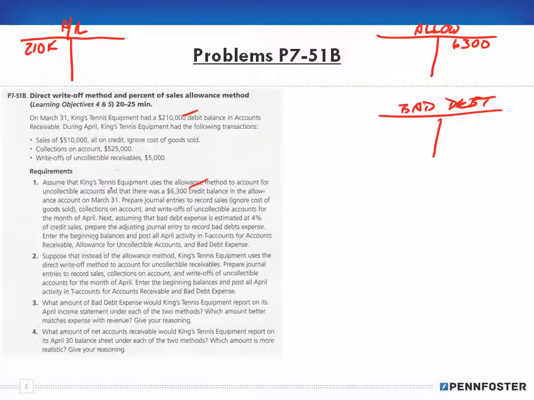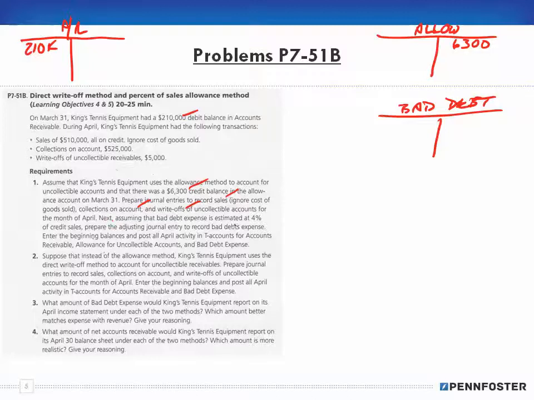All right, so it says here, assume that King's Equipment used the allowance method to account for uncollectible accounts and that there was a $6,300 credit balance in the allowance account on March 31st. That's what we have there. Prepare the journal entries to record sales. Ignore cost of goods sold. So we have to record the sales, the collections on account, and the write-off of uncollectible accounts for the month of April.